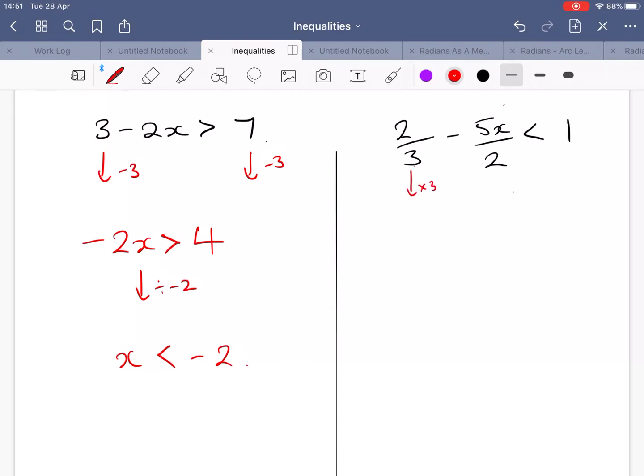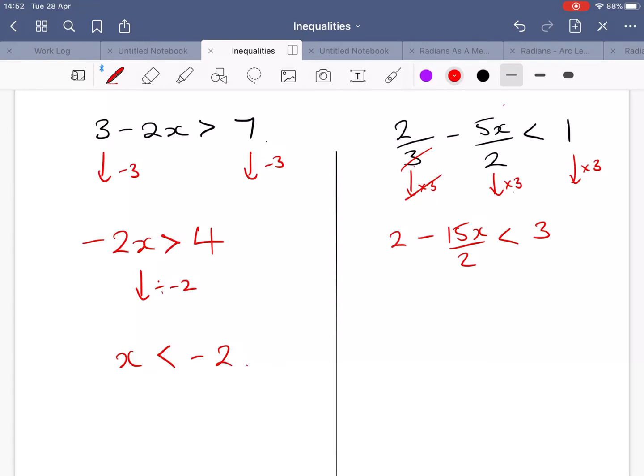So obviously I'd have to times by 3. And if I'm multiplying by 3, I have to multiply every term by 3. So I'd have 2 minus, well, what's 5x over 2 times 3? Well, it's 3 lots of 5x over 2, so that would just be 15x over 2 is less than 3.